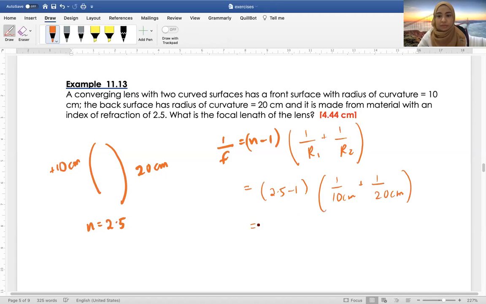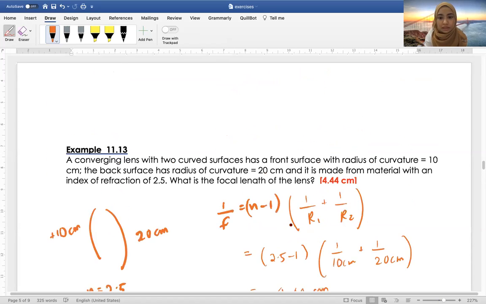So use your calculator. 2.5 minus 1 times 1 over 10 plus 1 over 20. Then 1 over that answer gives me 4.44. Okay, great. Same answer. So using your Lens-Maker's equation, that is your answer.